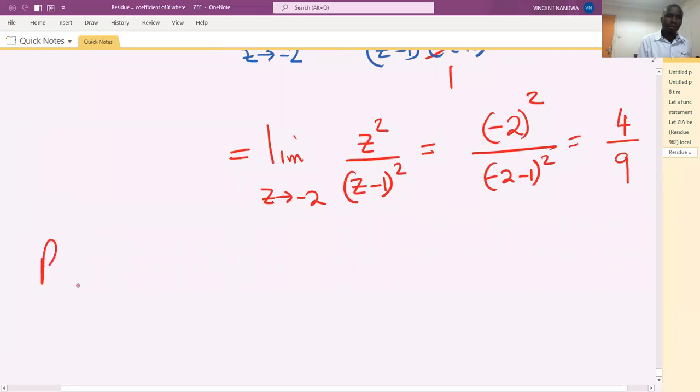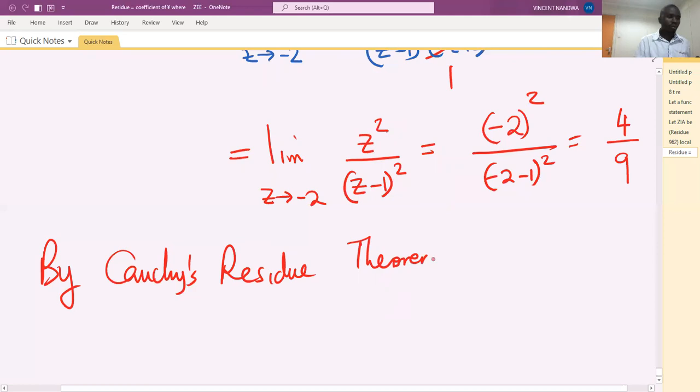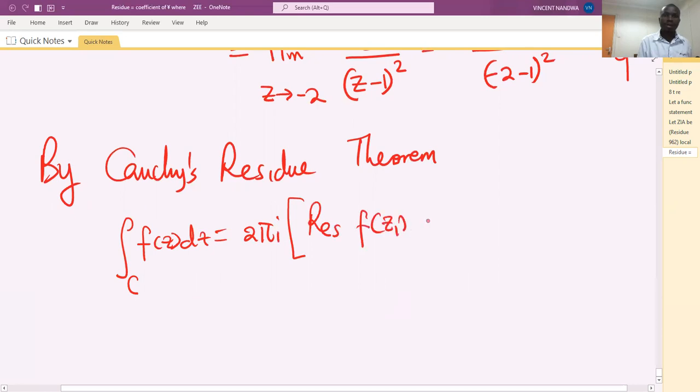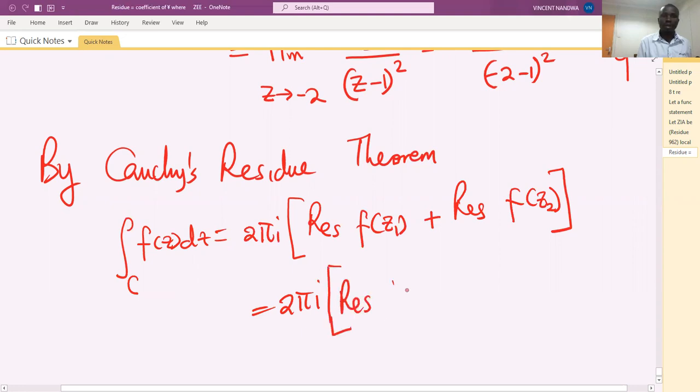And then by Cauchy's residue theorem, we'll have the integral along c of f of z dz is 2 pi i times the residue at z1 plus the residue at z2, which is the same thing as saying 2 pi i times the residue of the function at 1 plus the residue of the function at negative 2.